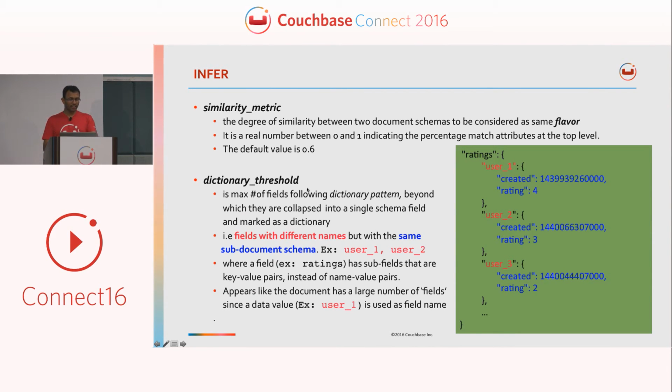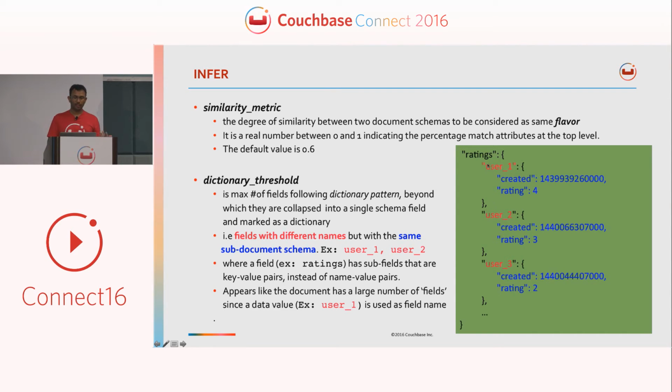And then dictionary threshold is something tricky, so I try to give an example here. In certain cases, it's not a best practice, but it's the enterprise world, everything happens there with exceptions. So you might have a bunch of values or sub-objects whose keys are different. For example, it's a key in some other bucket.